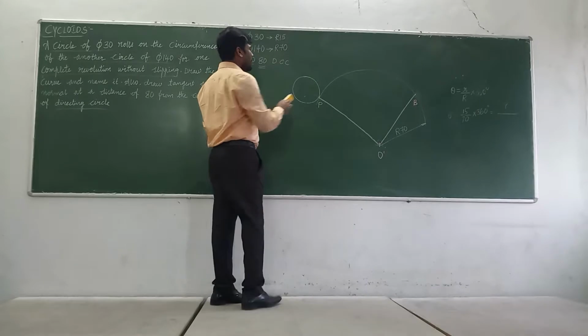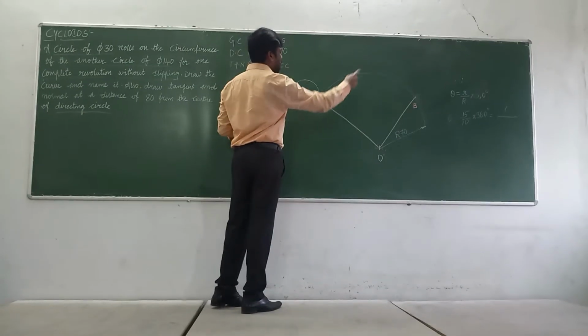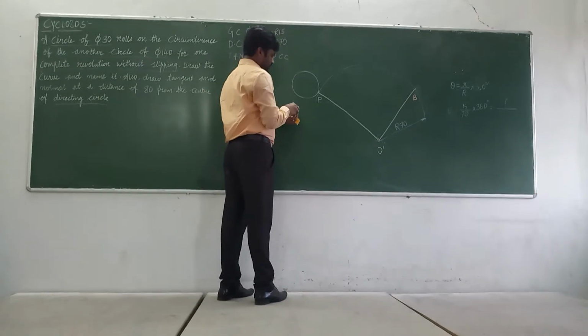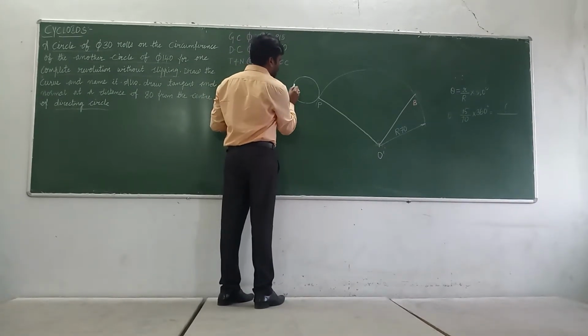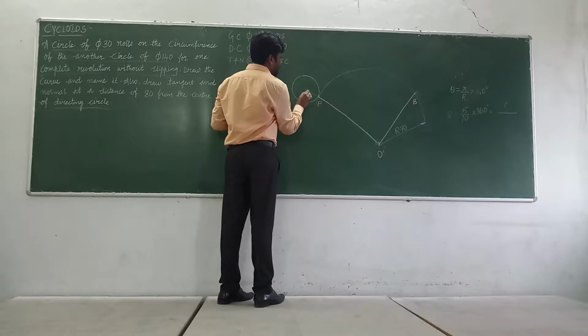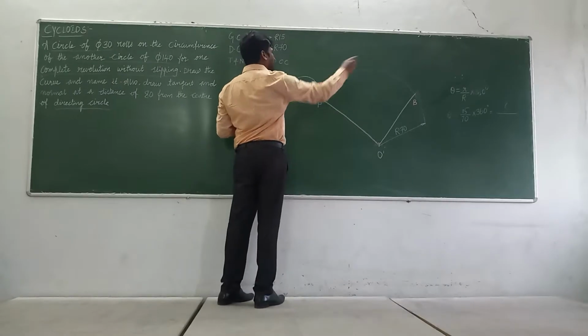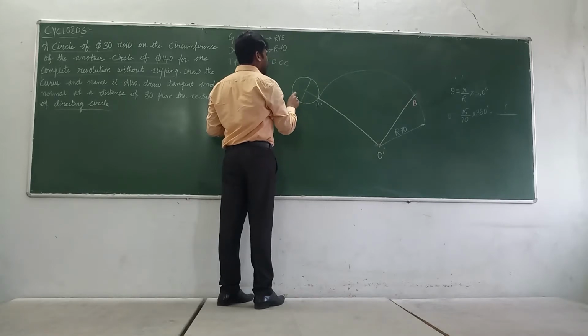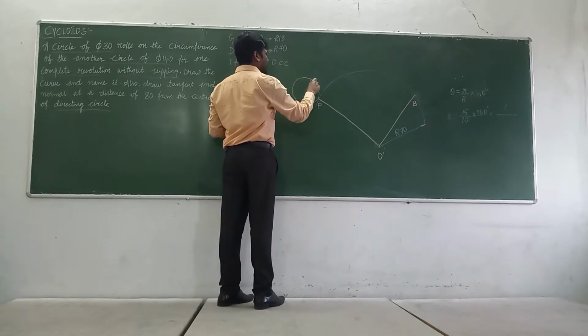If you remember, after locating PB, we divided the circle into 12 equal divisions. Divide the circle as well as the directing circle arc into 12 equal divisions.